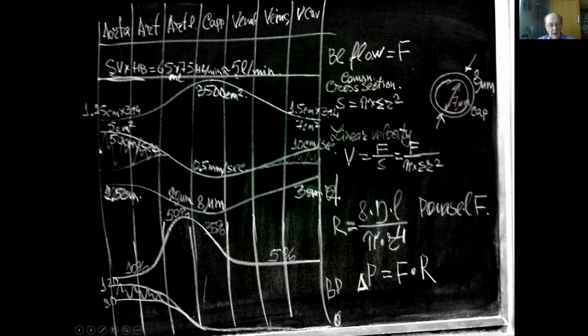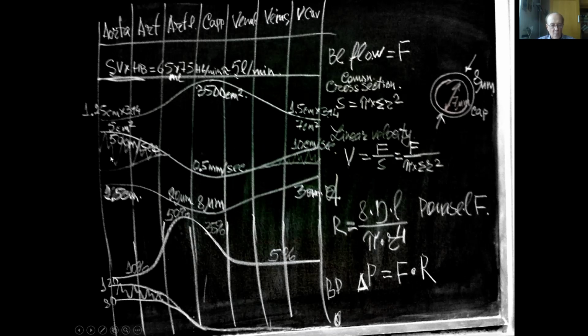After the pumping out of the blood from the heart, the linear velocity decreases during the diastole and goes to the minimum, approximately near to zero. Then the next pumping out of the blood from the heart, and the linear velocity increases again.